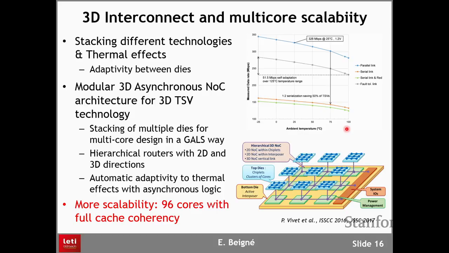So it means that we mimic a large variation, but in reality, we also have some thermal issues at the interface. So it's really something that is real. And automatically, without any control, the data throughput of the network on chip is modified according to the temperature changing. So this is really showing flexibility, stacking, and natural adaptivity to what is happening in a 3D stack.